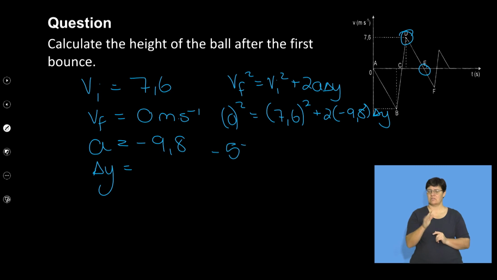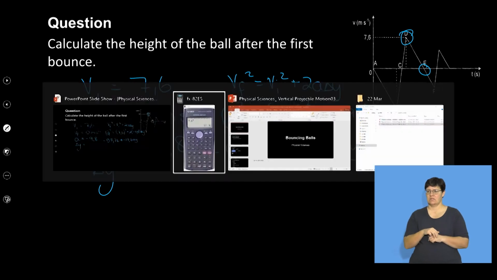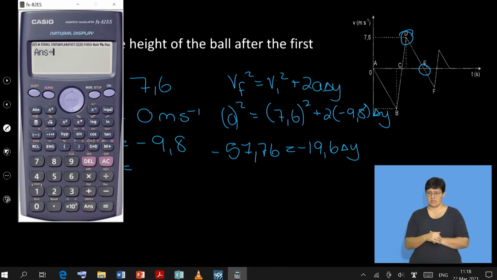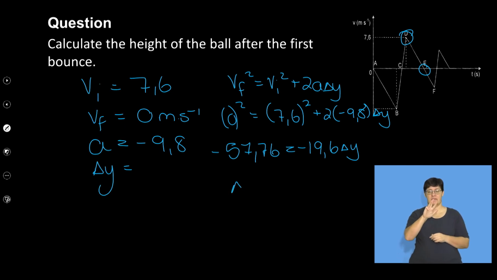Minus 57,76 minus 19,6 delta y. Let's divide by 19.6. And we get 2,95. There we go, nice and simple.